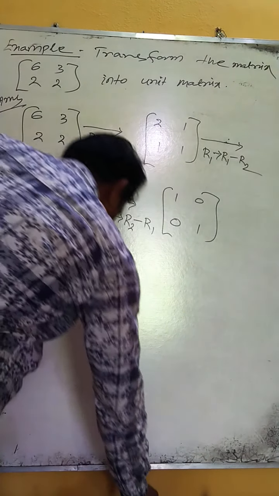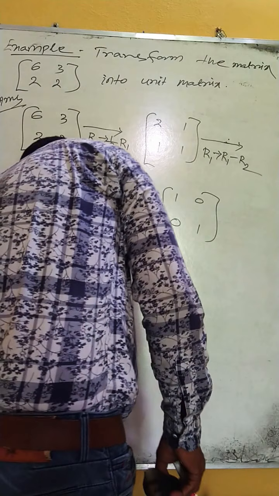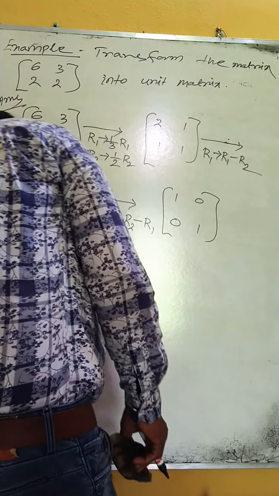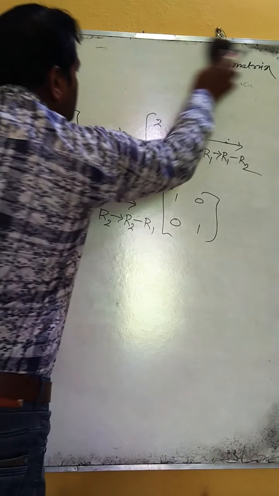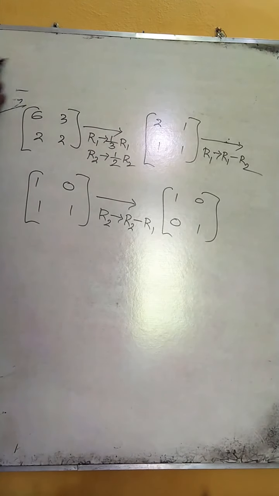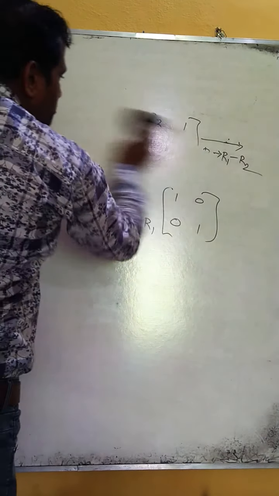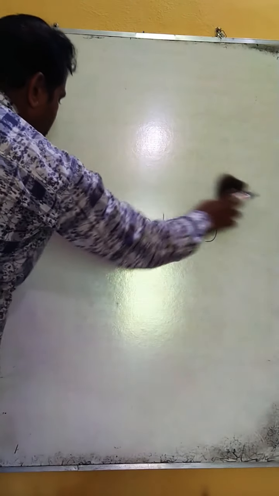Now, using this transformation, we find the inverse of a matrix. Using this transformation of matrices, we find the inverse of a matrix. Last class we discussed the inverse of a matrix using the cofactor adjoint.